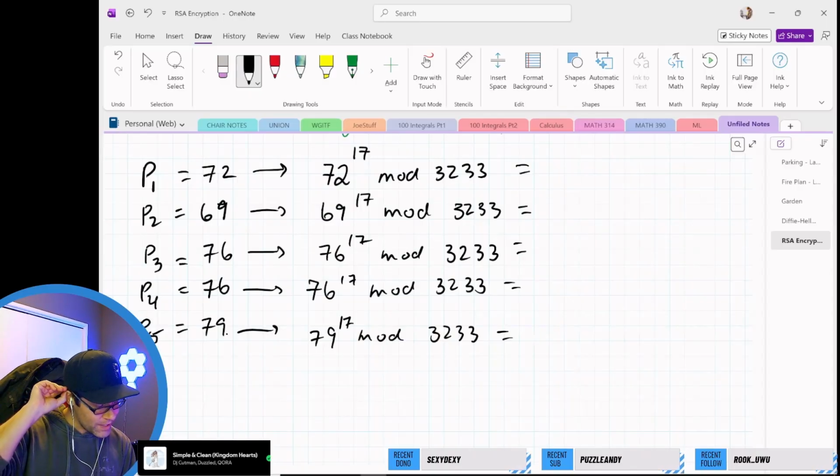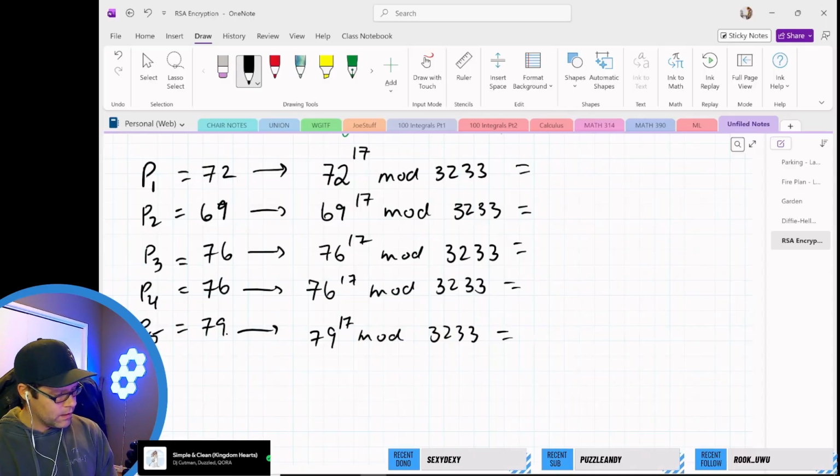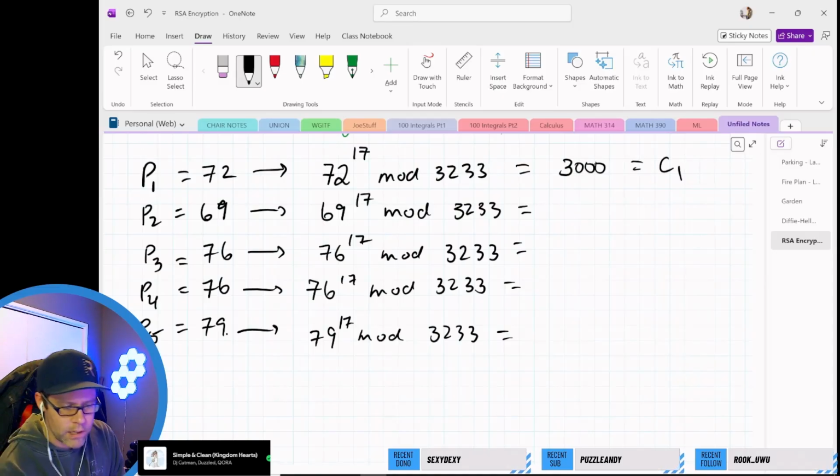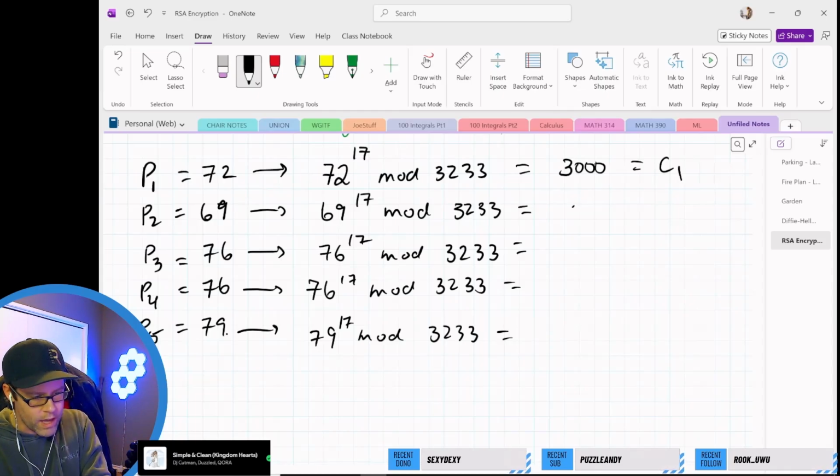So for 72 to the 17, when I take that mod 3233, I get 3000. That becomes the first part of our ciphertext message, that particular four-digit number. The second value came out as 28. The next two values came out as 27, 26.